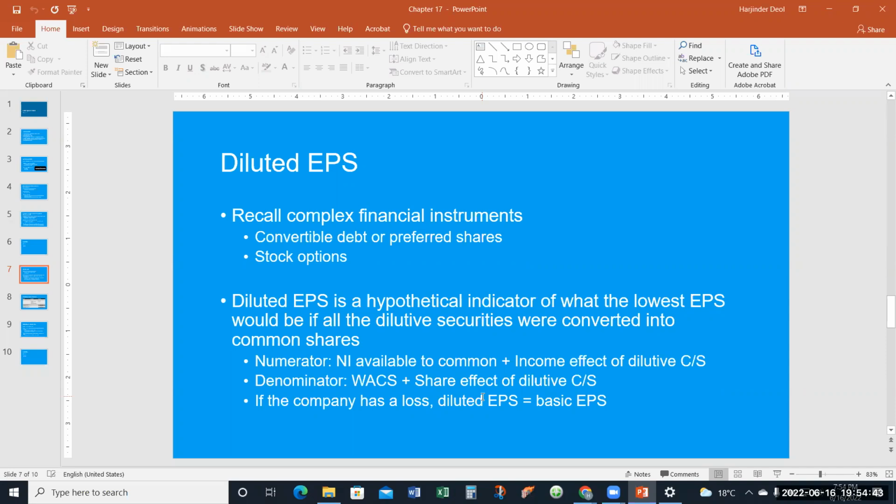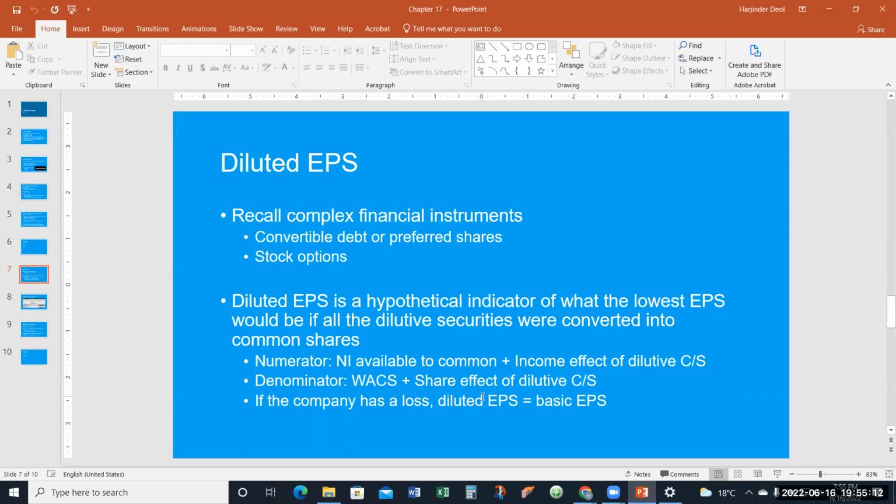If your basic EPS was a loss of $1, after taking into account the consequences of conversion or the exercise of the options, your EPS actually gets better. A loss of 50 cents. See, a profit of 50 cents is less than a profit of $1. But a loss of 50 cents is actually better than a loss of $1.